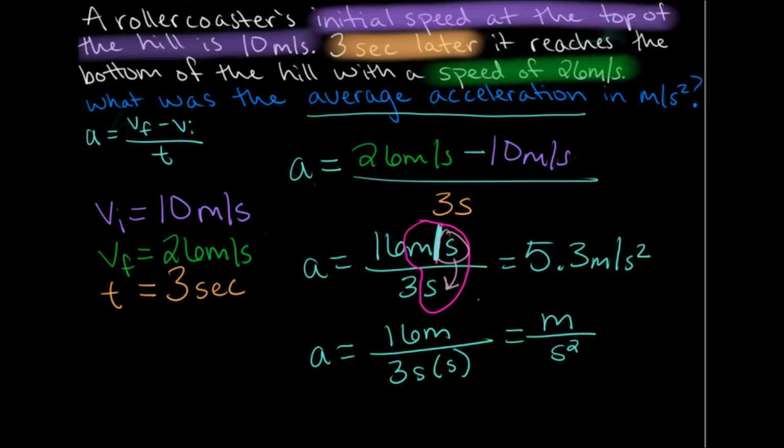So let's really look at these units because units can tell you a lot. So acceleration is always a length divided by a time squared. So this could have been kilometers per hour squared, or miles per hour squared. Those are still accelerations because they're a length divided by a time squared.